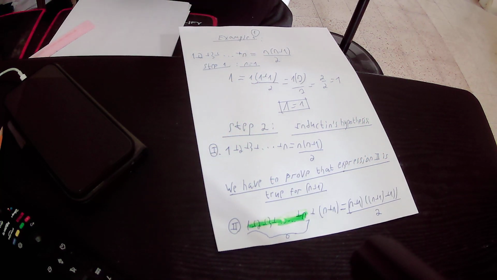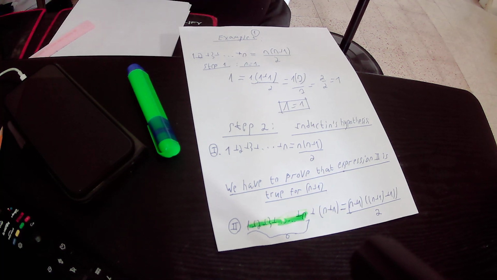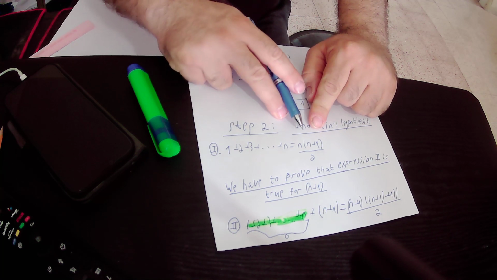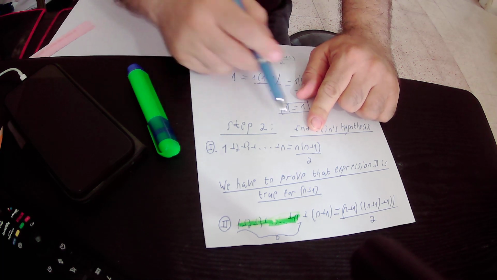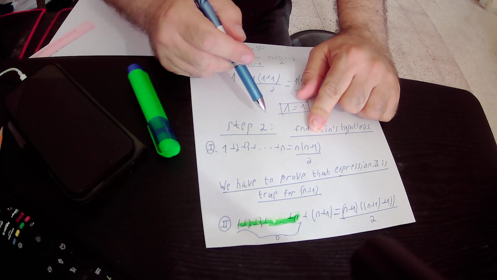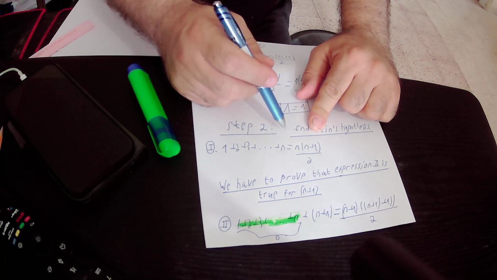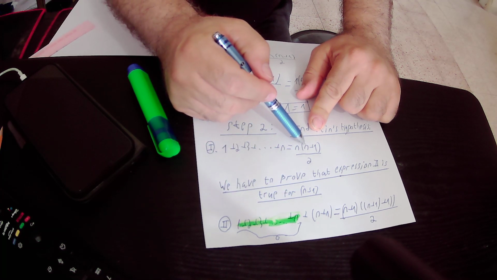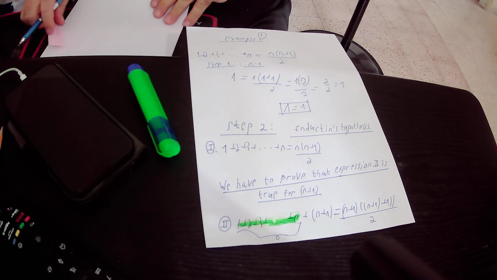Okay, so 1 plus 2 plus 3 plus n equals to n times n plus 1 divided by 2, and this is according to our assumption, and we assume that our assumption is true, so we can substitute this expression by n times n plus 1 divided by 2. Okay, so we will do it now.